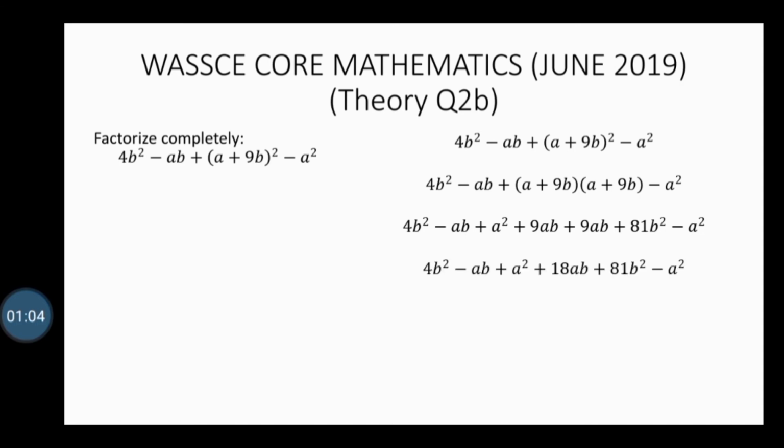Now we can simplify. 4b squared minus ab plus a squared plus, we have 9ab plus 9ab, which will give us 18ab plus 81b squared minus a squared.